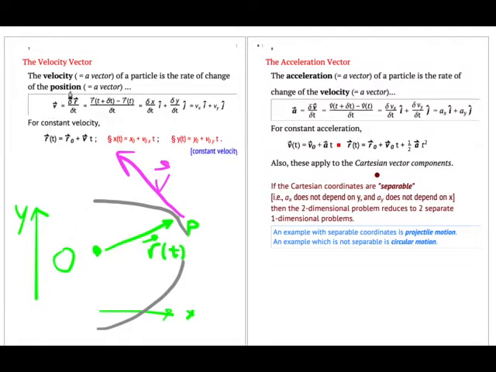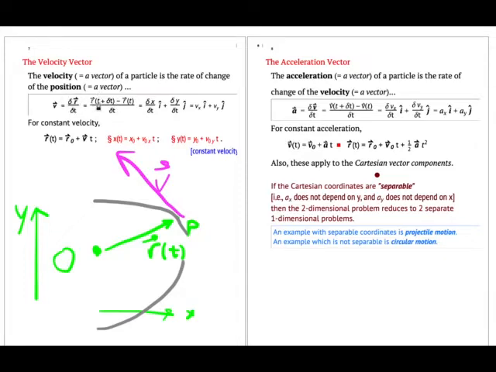So the velocity is the change in r divided by the change in t. Delta r over delta t. The change in r is r at t plus delta t minus r at t. It's the final position minus the initial position, the initial position being r at time t. That's the change in position.